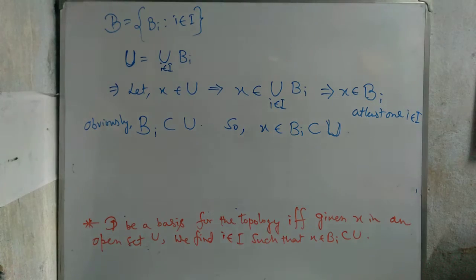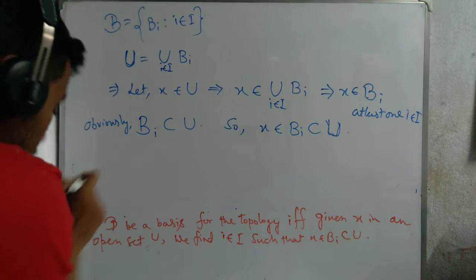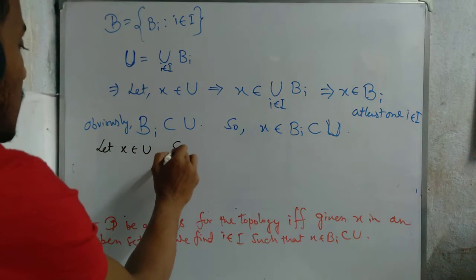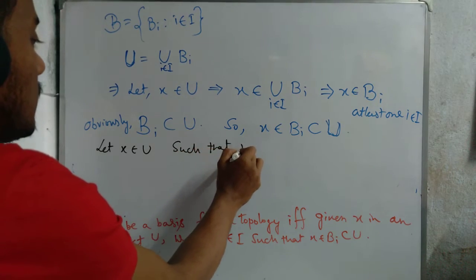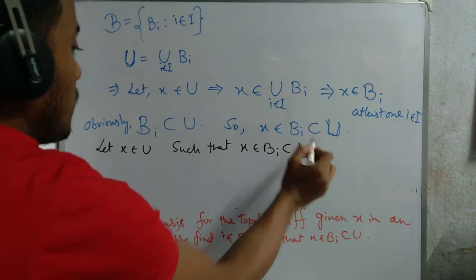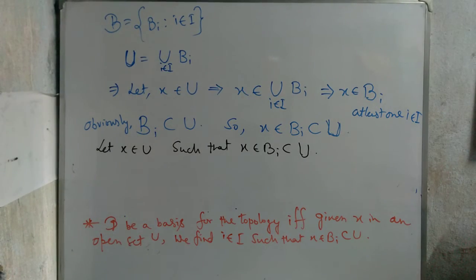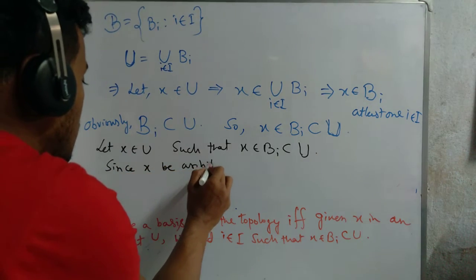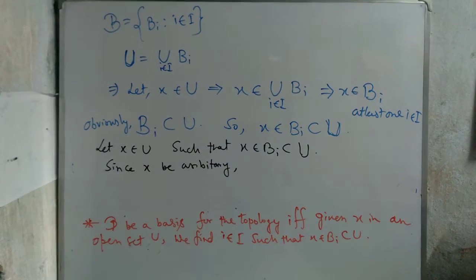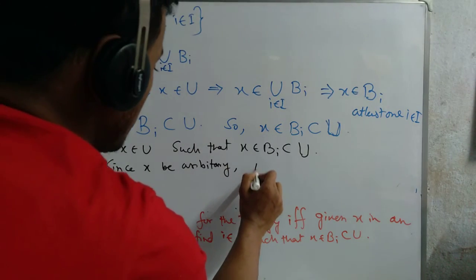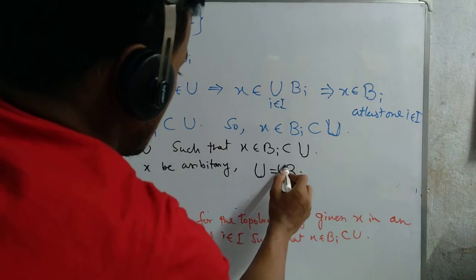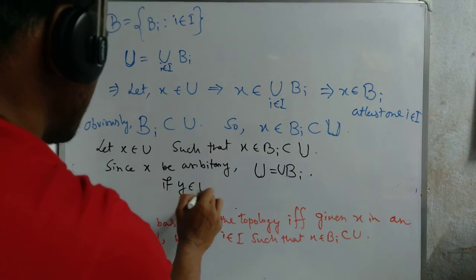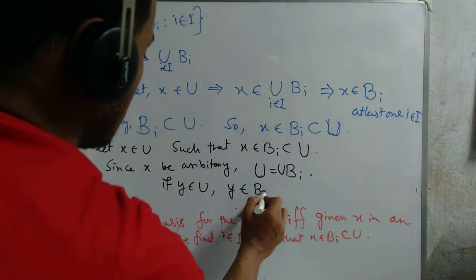But now in reverse, if we find, let x belong to U, such that x belongs to B_i subset of U, then since x is arbitrary, U is the union of B_i, because if y belongs to U, then y belongs to some B_k.